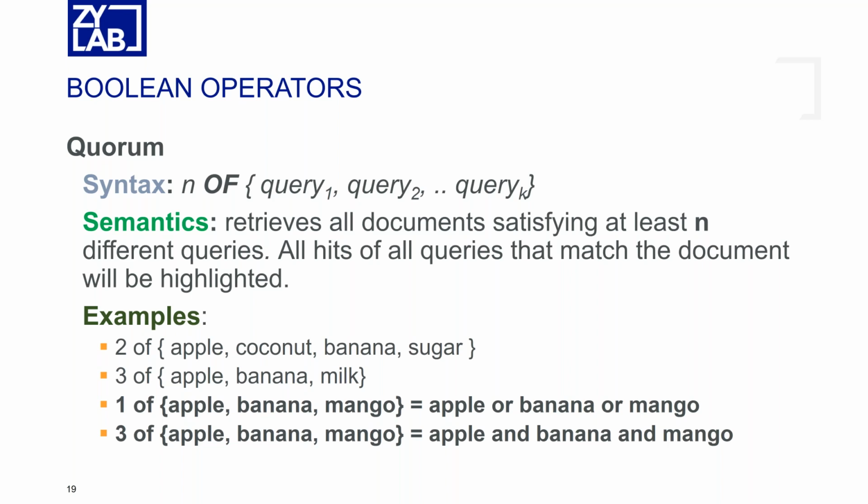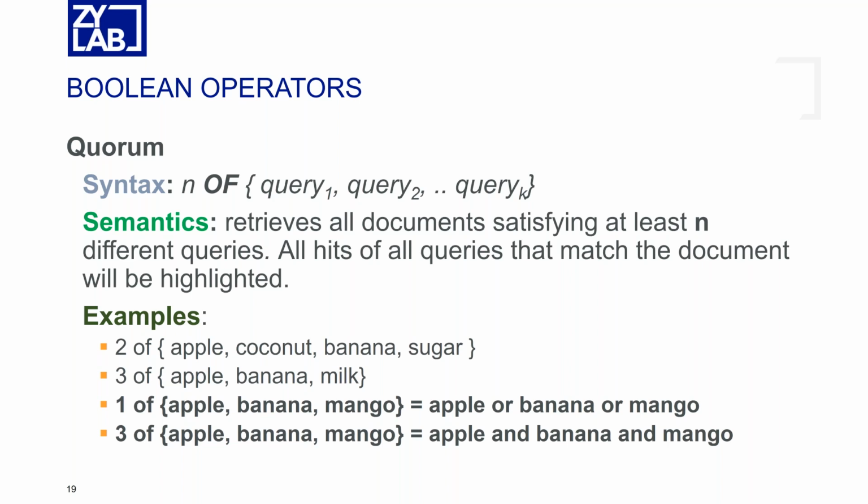So in the examples, the first one, for example, we say 2 of apple, coconut, banana, sugar, means that we want 2 of these words to be a hit in the document. And these can be words like apple, coconut, banana, but these can also be queries. So you can also have a list of queries in a quorum search and say, well, at least 2 of 3 of these queries should have a match for the document.